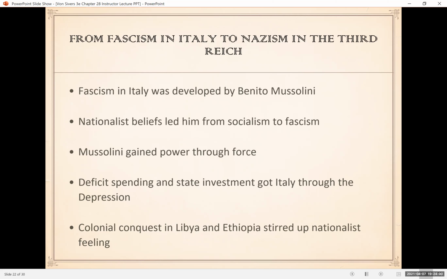And Mussolini will, in 1923, announce a march on Rome. And this is very much like what Garibaldi did in the Italian nationalist movement in the 19th century, and what Julius Caesar did in ancient Rome to become the Roman emperor. Well, Mussolini follows suit. He gets thousands of supporters, and they're joined by thousands more people to march on Rome.